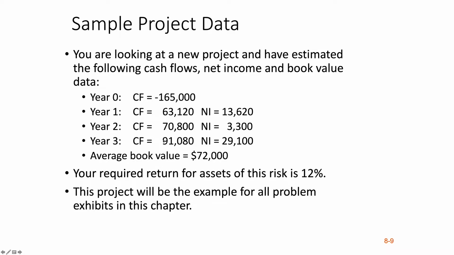Now, the required rate of return for an asset of this kind of risk is 12%. Let's assume that this project will be the example for all problems used throughout this class. So we are using those 4 numbers to do the calculation.